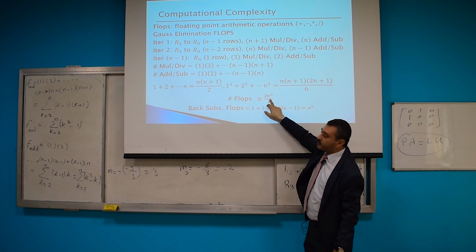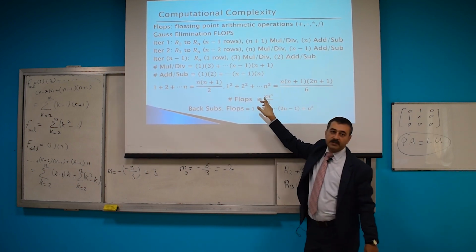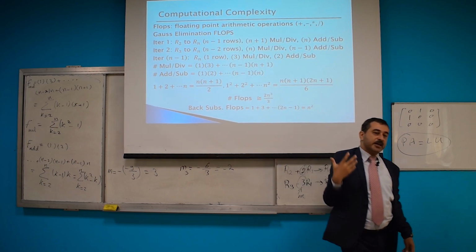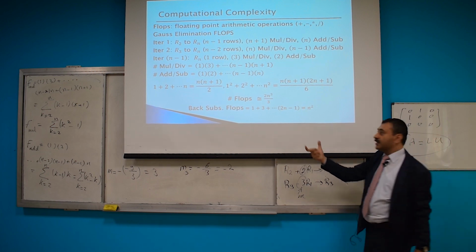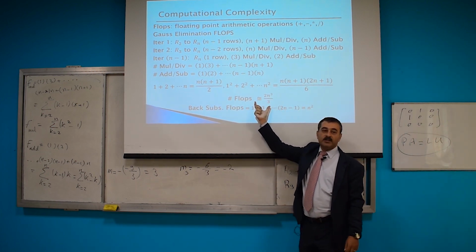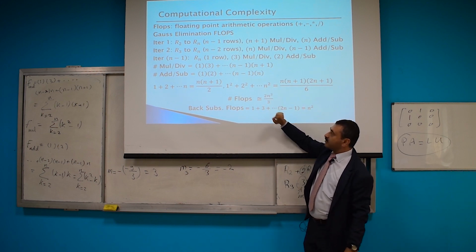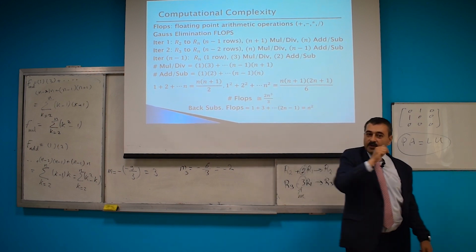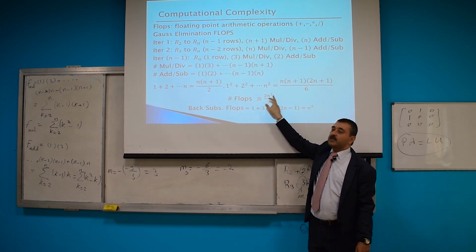The highest power would be n cube, and this is its coefficient. So for large n, I can ignore n and n square and compare only the n cube term. So for Gauss elimination with back substitution, the number of flops is of order 2/3 n cube.